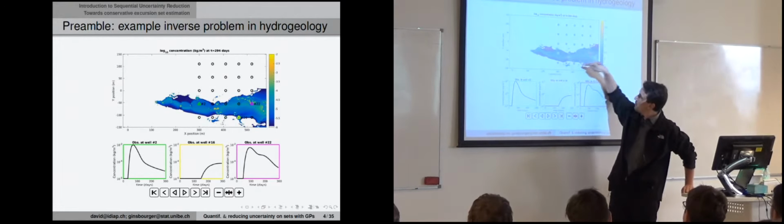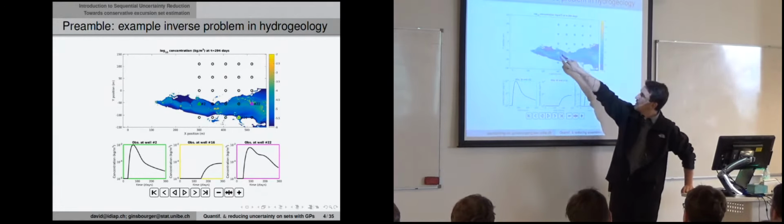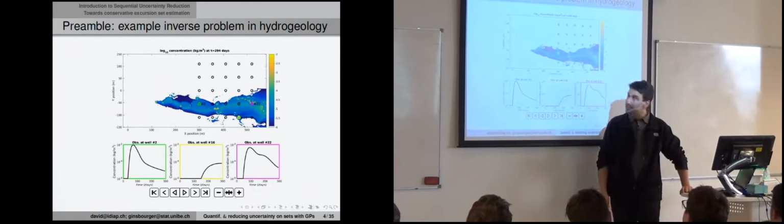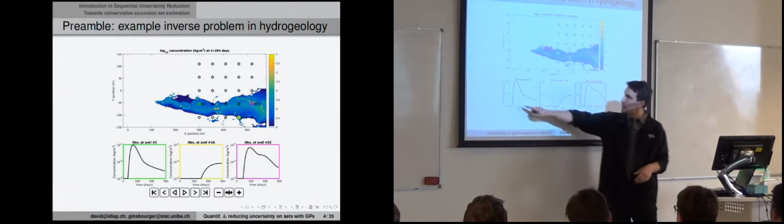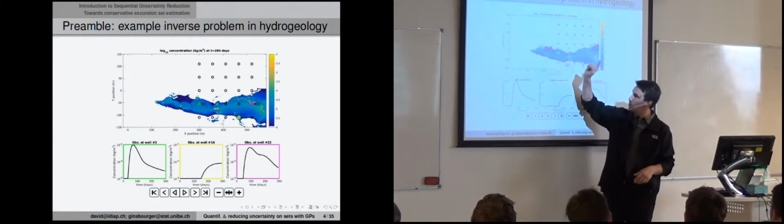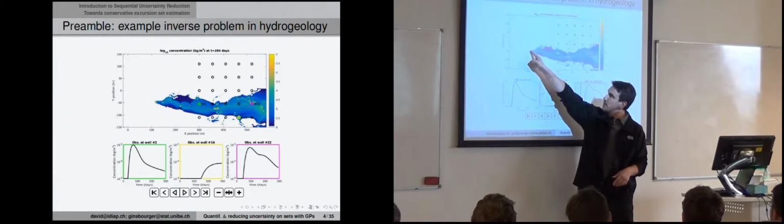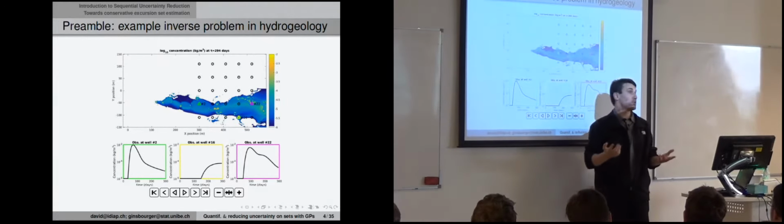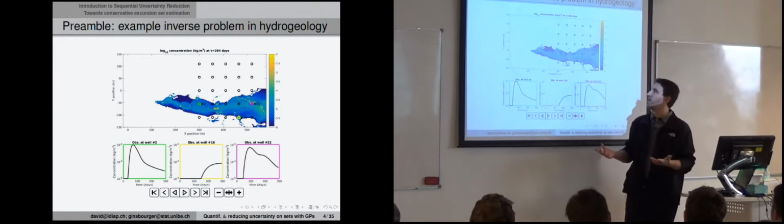And here we are looking at some given locations that stand for observation wells, and we are measuring the concentration over time. So the quantity of interest is where the contamination started, because, for instance, you want to know who is responsible for the pollution.